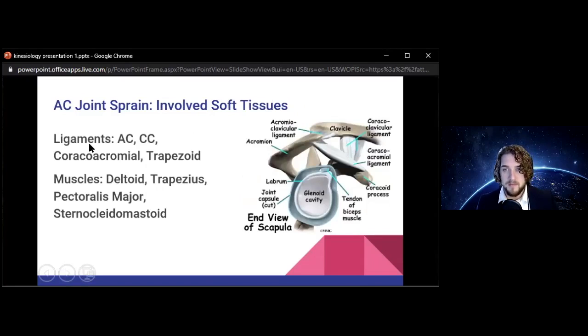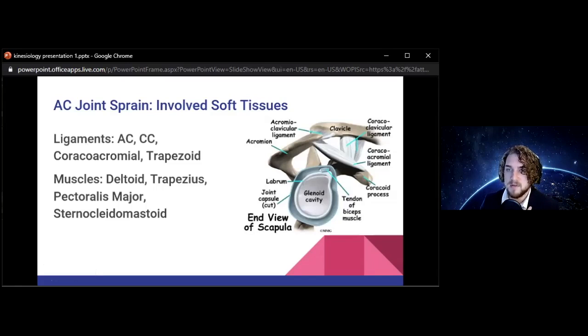The ligaments involved are the acromioclavicular ligament, the coracoclavicular ligament, the coracoacromial ligament, and the trapezoid ligament. The coracoclavicular ligament and coracoacromial ligament go from the coracoid process up to the clavicle and acromion.